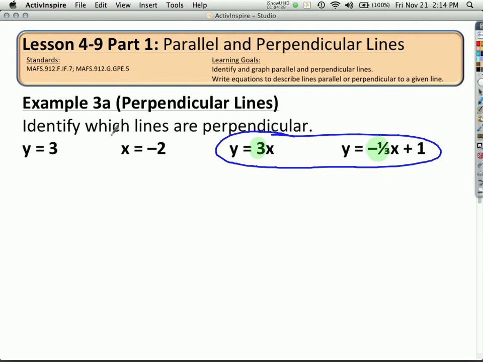Now let's look at these 2. And this is something that you've seen already, and you're going to see more today, and you're going to see continually for the rest of the year. Does anyone know, let's look at this first one. Does anyone know what this looks like when you graph it? Amir?